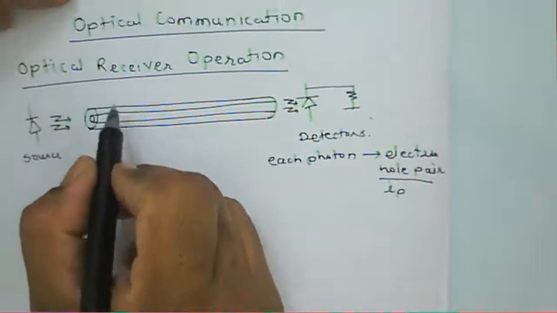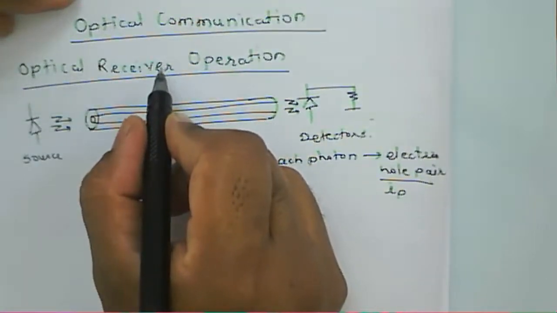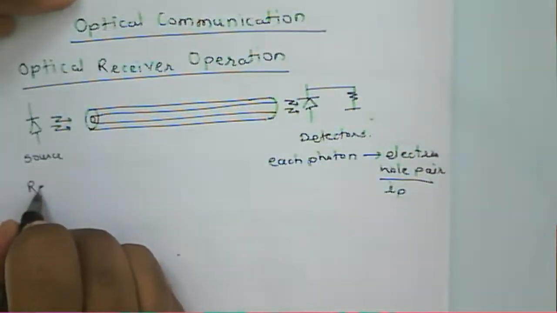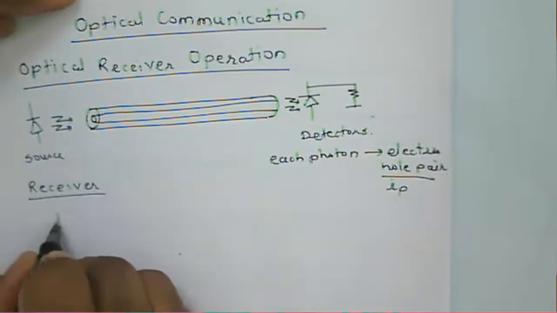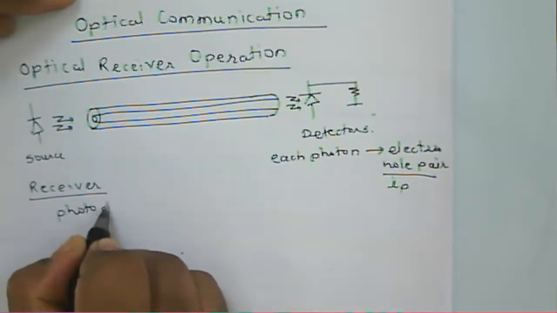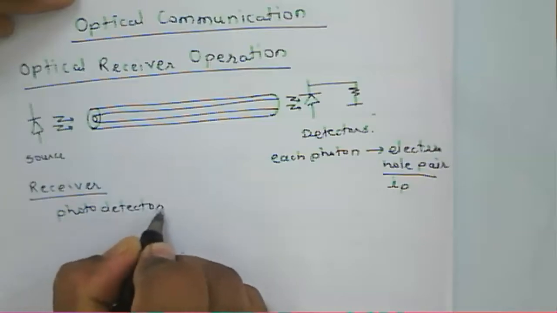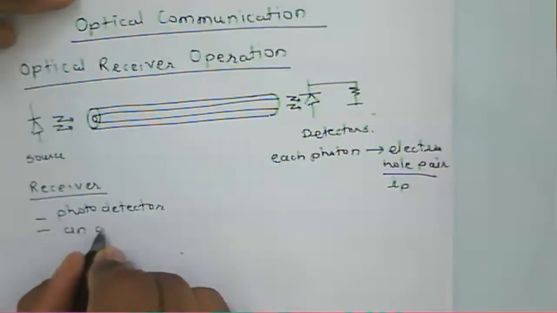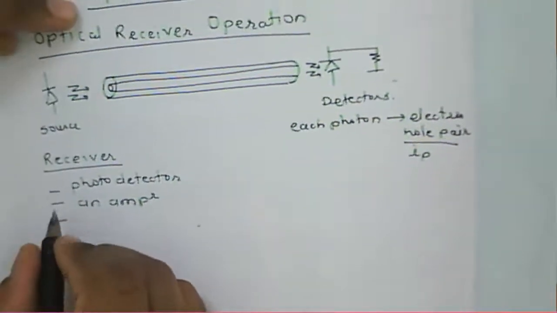Now, the topic is optical receiver operation. What does the optical receiver consist of? Whatever the receiver, it consists of a photodetector, then an amplifier, and then signal processing circuitry.